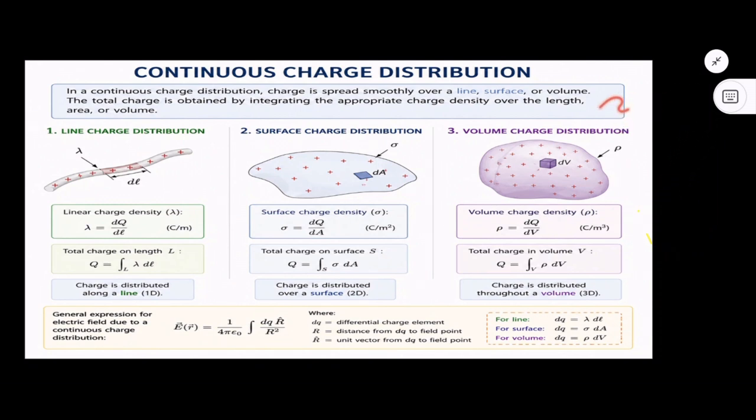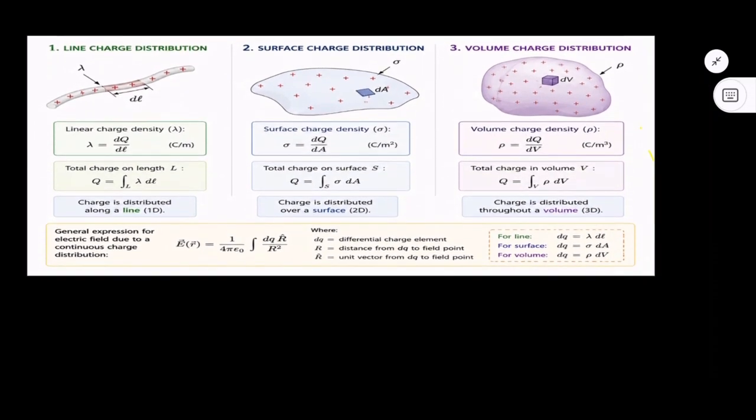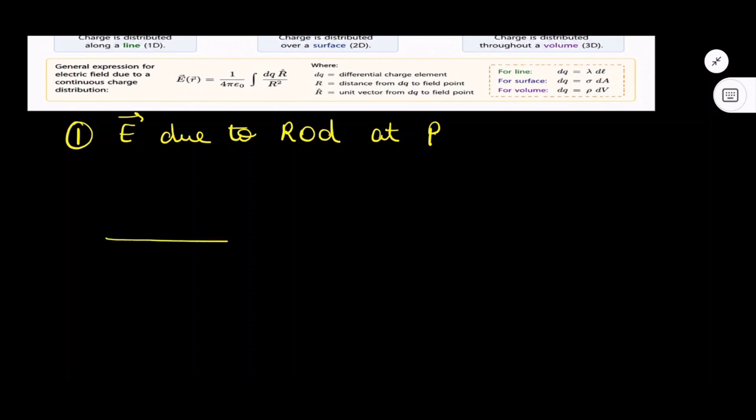Now as we are clear with the steps and the method, let's do one problem where we have to find the electric field. We have to find the electric field due to a rod at point P. So I have a rod and a positive charge is distributed over the wire.